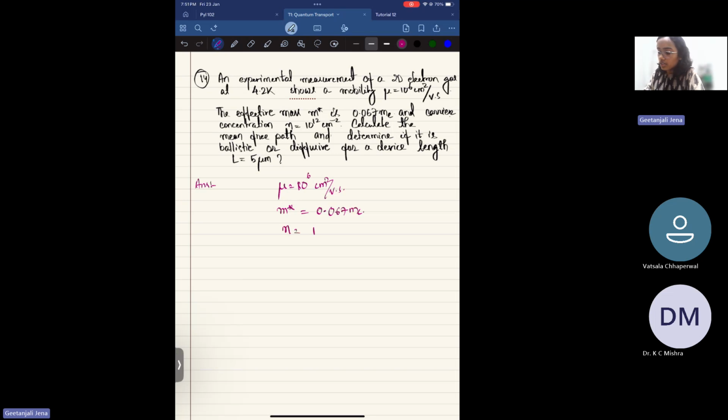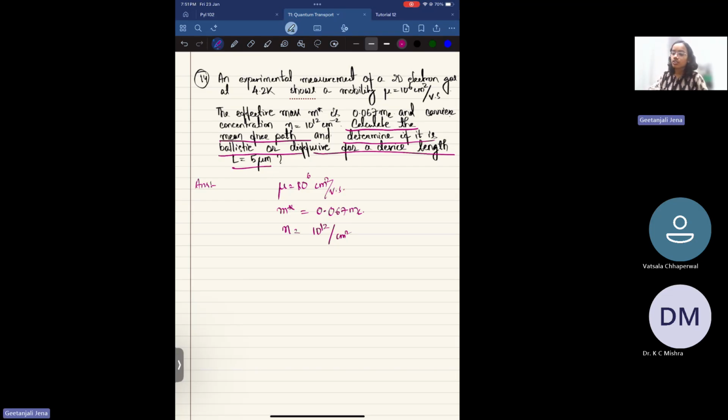Carrier concentration is 10^12 per centimeter square. Calculate the mean free path and determine if it is ballistic or diffusive for a device length of 5 micrometer.